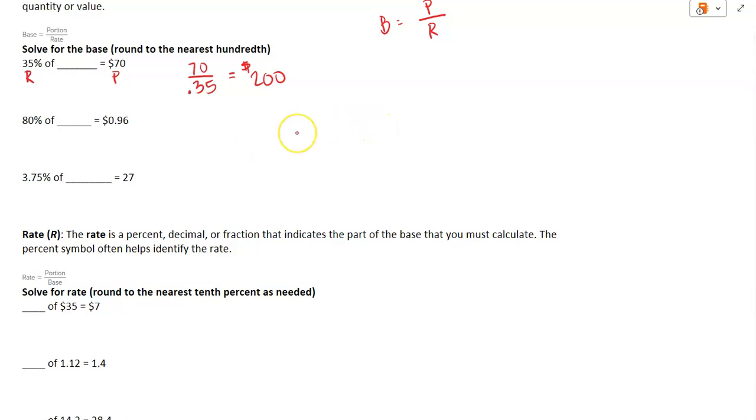Okay, so here we have 80% of blank is 96 cents. So we have our rate, and we know our portion or our percentage. Again, I'm just plugging the values into my formula. So my numerator is 0.96, and as a decimal, 80% is equivalent to 0.8.